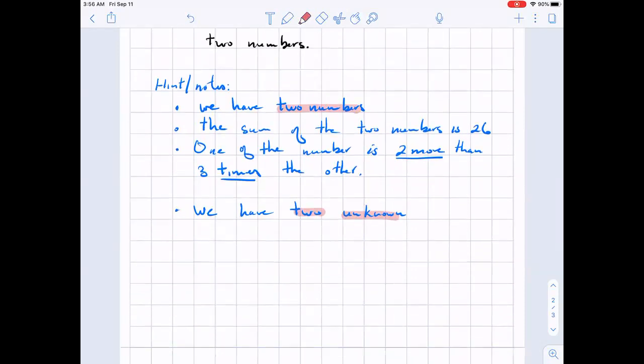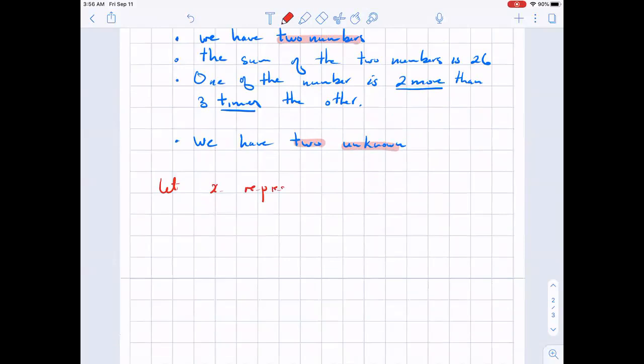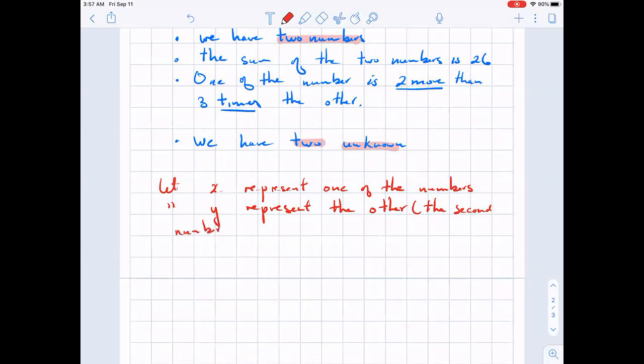So what we can do here, we can let x represent one of the numbers, let y represent the other number, or the second number. Okay?